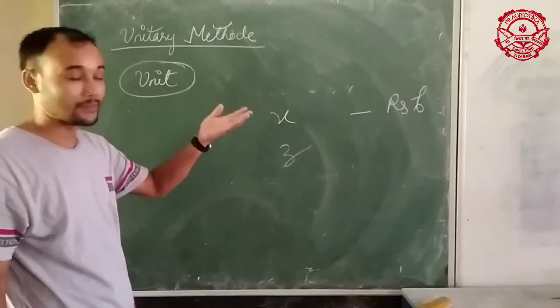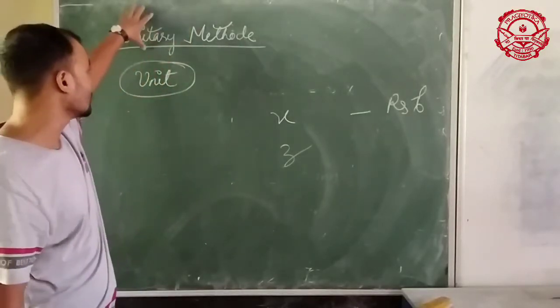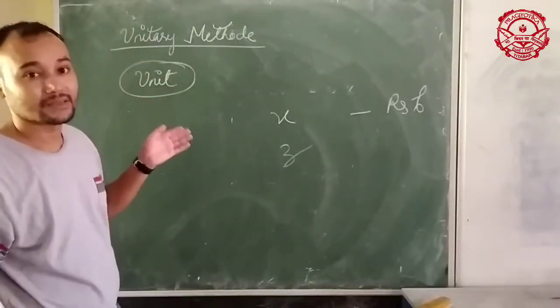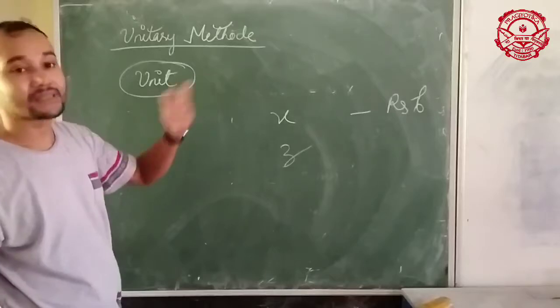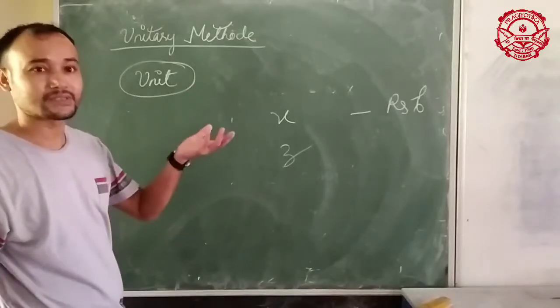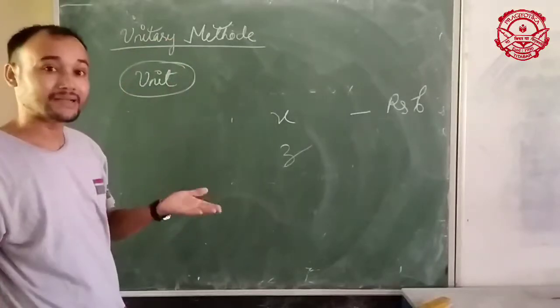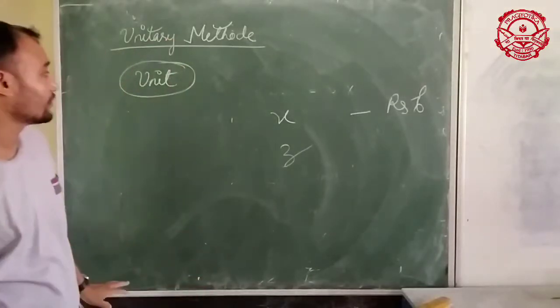It is a very good method. You can employ unitary method in science, in physics, in higher classes like 9 and 10, and in maths you can use it very nicely.